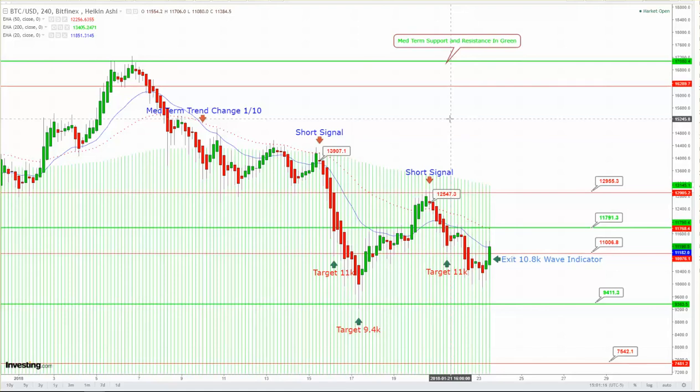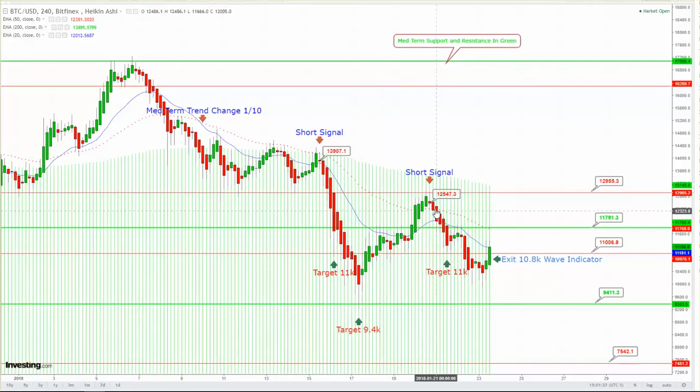If you look at our short signal on the 16th, which coincided with our long-term trend change, our entry point would have been around 13,907. And you could take short-term profits at around 13,000, 11,791, 11,000, or all the way here at the bottom at 9,400.